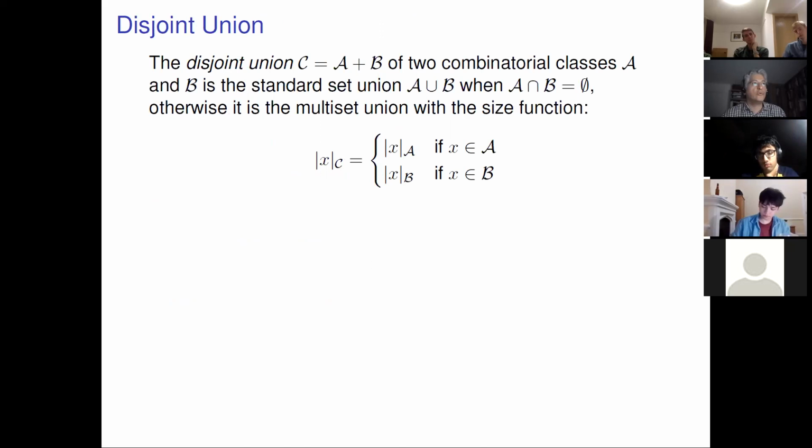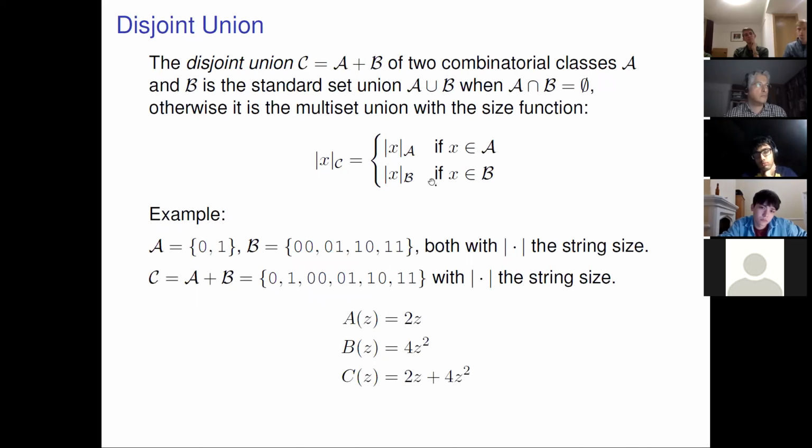Okay, so let's define some operations on combinatorial classes. The disjoint union is when the two sets are disjoint, which will be the case for all the examples I'm going to give. It's just a standard union, and if not, it's a multi-set union. And the size of the union is what's explained here; it's given by the sizes of the two sets that you are uniting.